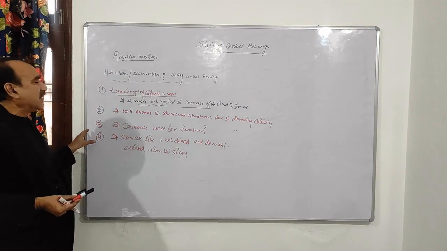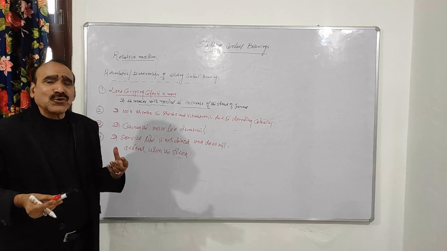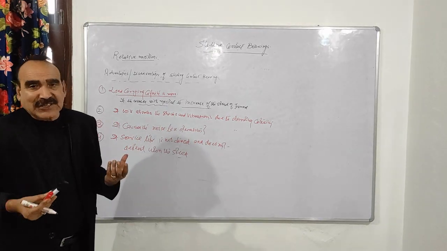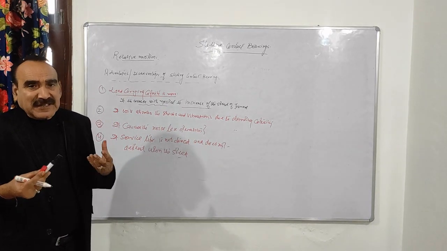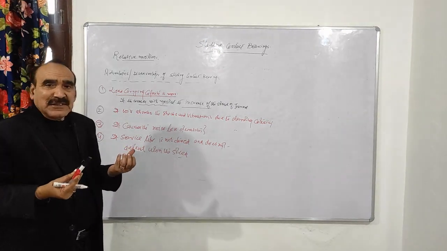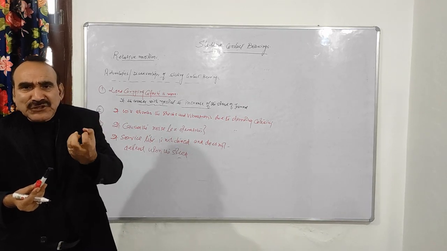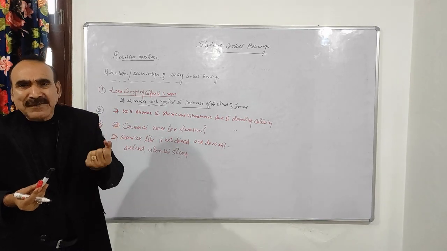Second one, you can say that it will absorb shocks and vibrations due to damping characteristics. इसका एक damping characteristic है, it will act like a damping characteristic. तो damping क्या होता है कि shocks और vibrations को absorb करना, उनको dampness देना.